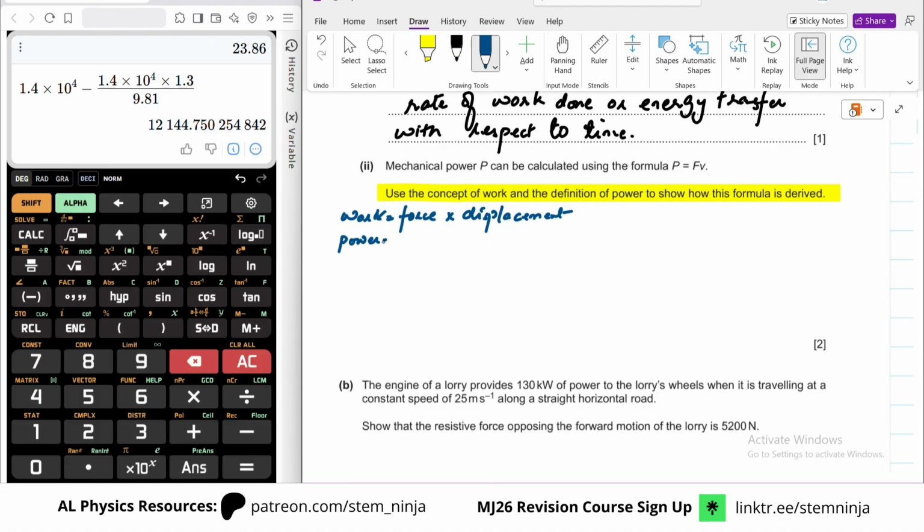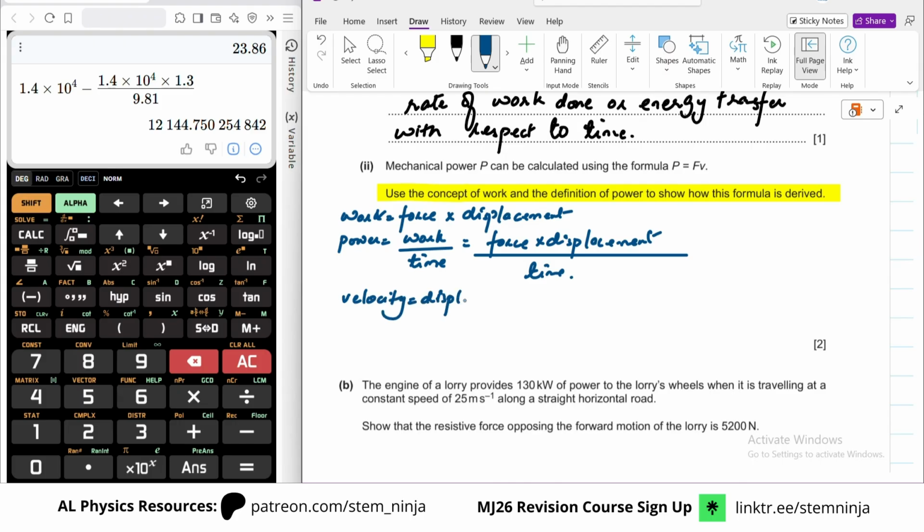Power is your work divided by time. So this would mean that this is your force times displacement divided by time. Now velocity is displacement over time.